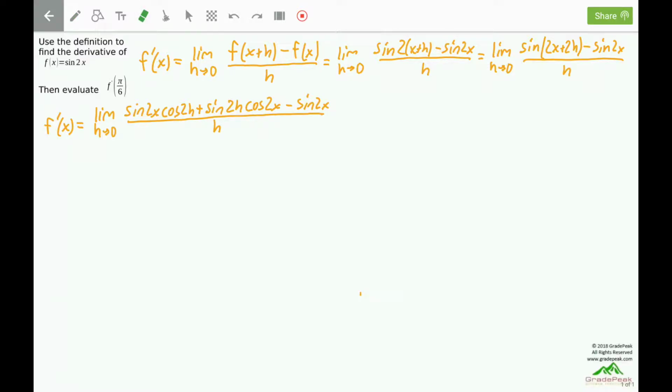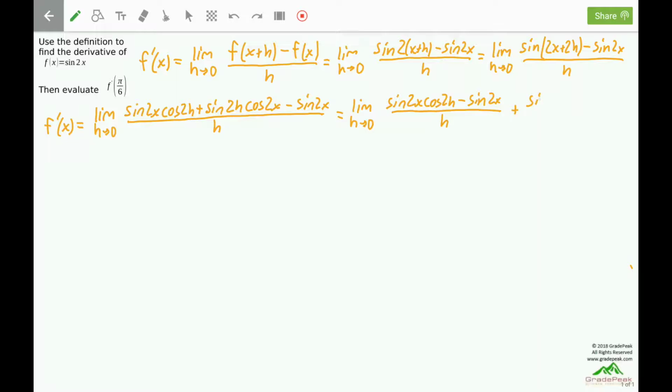What we're going to do now is group together like trig functions for the variable x. And so we have the limit as h goes to 0 of sine of 2x, cosine of 2h, and minus sine of 2x. We had two terms that had sine of 2x in them. Group those together over the denominator of h. And then we have one term with cosine of 2x.